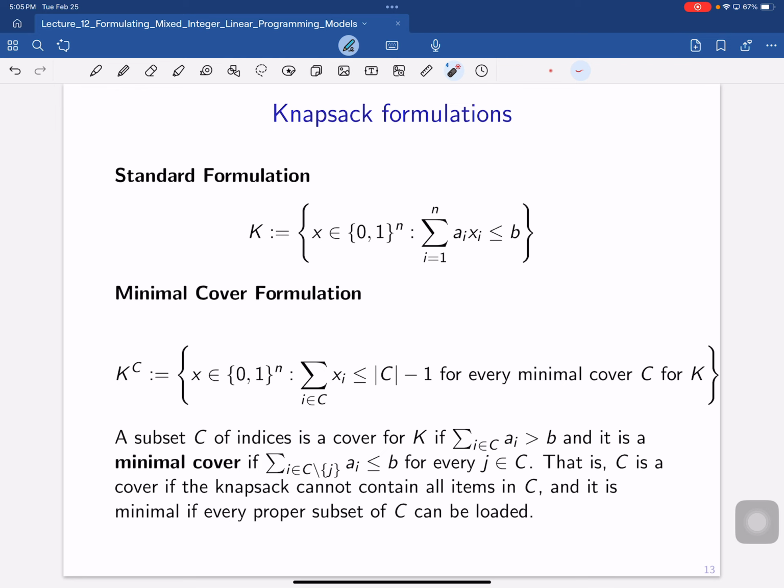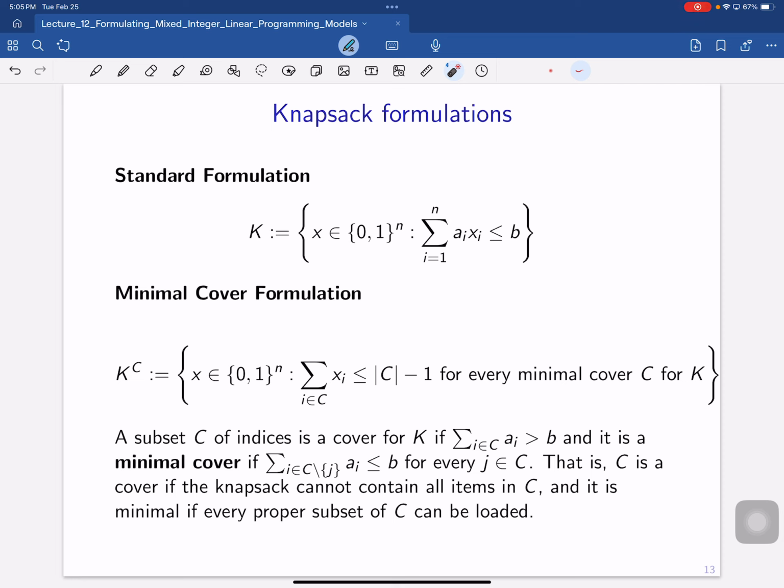If it is a cover and it satisfies this relationship, which says if you remove any of the items from the subset C, the total weight will be less than or equal to B, that is called a minimal cover.